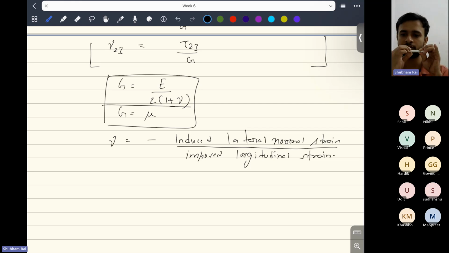There will be some contraction in the lateral directions, which is negative strain, so Poisson ratio is the negative of the contraction in the lateral direction to the stretching in the longitudinal direction, making it positive. It gives you how much lateral deformation will take place in a material when some longitudinal strain is applied.